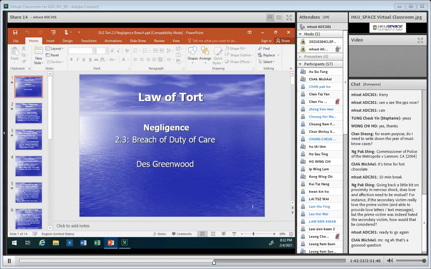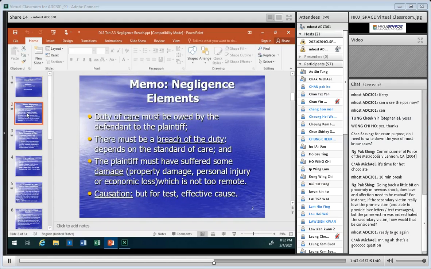Watch out for that. So a quick reminder of the elements of negligence. Any time you do a question on negligence, first thing you do is remind the examiner you know what the elements are. A duty of care owed by the defendant to the plaintiff, and then there must be breach of the duty of care causing damage.